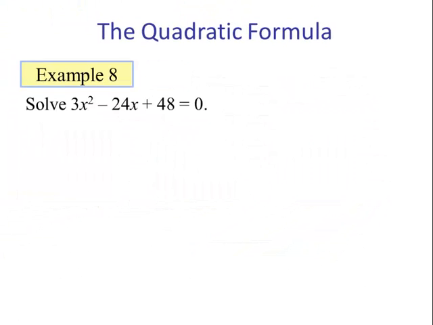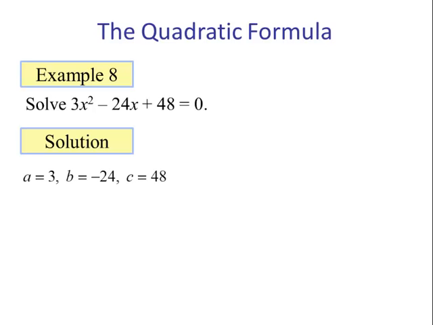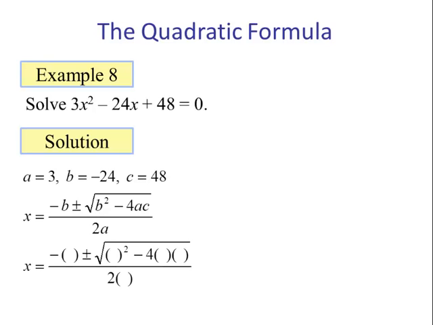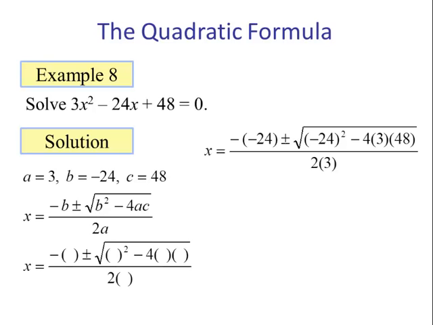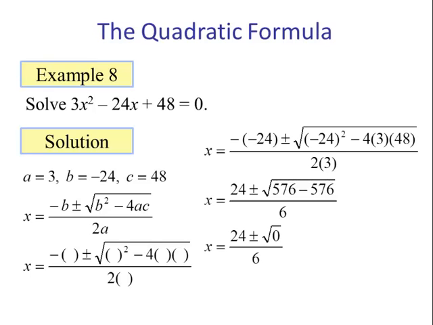Example 8. Solve 3x squared minus 24x plus 48 equals 0. Solution: a is 3, b is negative 24, and c is 48. Plugging these values in our quadratic formula, we have 24 plus or minus the square root of 576 minus 576, divided by 6. 576 minus 576 is 0.